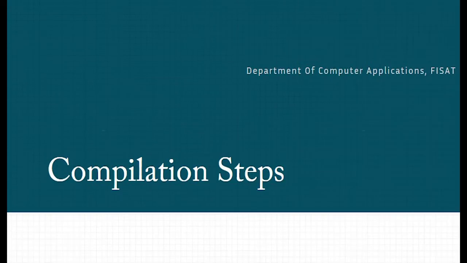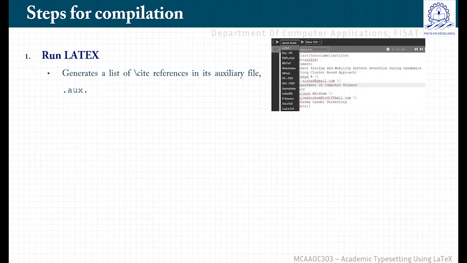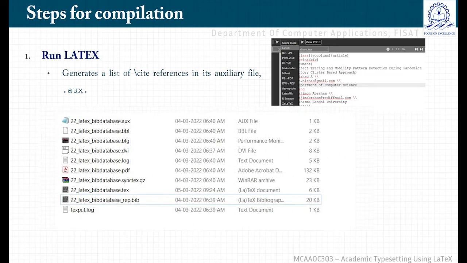The BibTeX file and the .tex file are the main components involved in this environment. So the compilation needs a different approach. Let us see what the different steps for compiling these documents are. The first step is to run the LaTeX file. It generates a list of \cite references in its auxiliary file, the .aux file. We have already seen that a number of other files will be created while compiling a LaTeX file, and the .aux file is one among them.